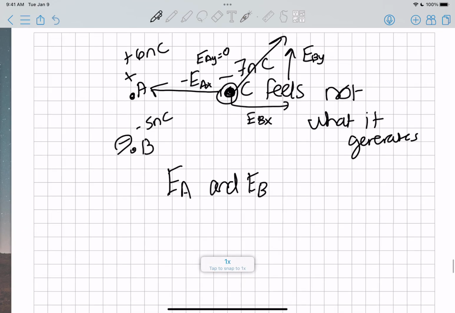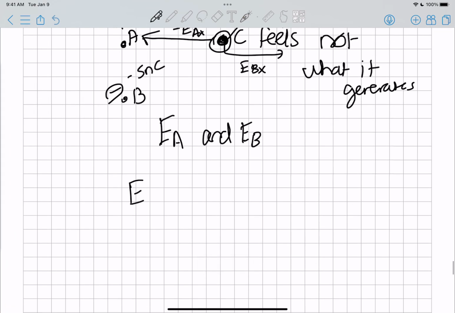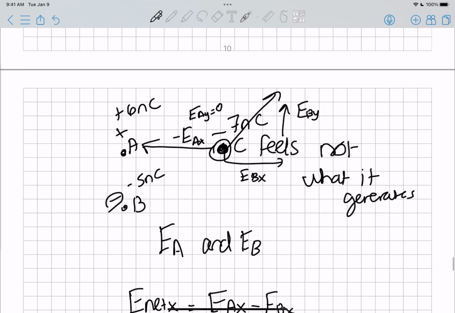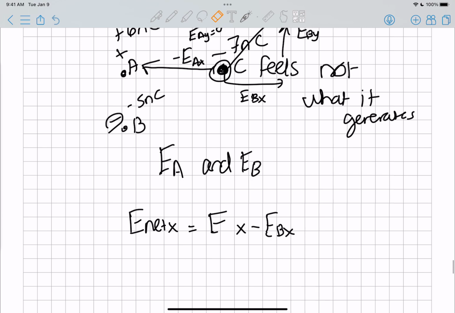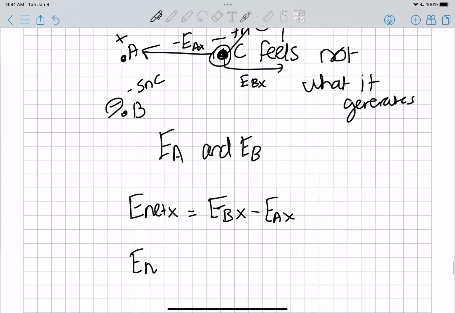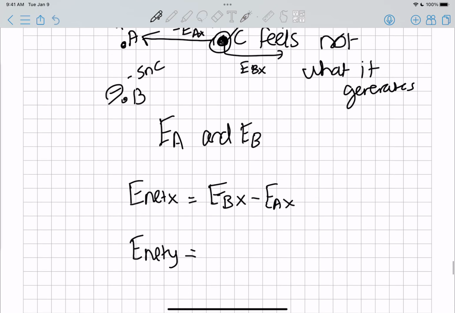So effectively you would have to do E net X is equal to EAX minus EBX. Or I think I got that the other way around, but you get the idea. Let me actually adjust that. So EBX minus EAX, and then E net Y, since there's no EAY, would simply be equal to EBY.